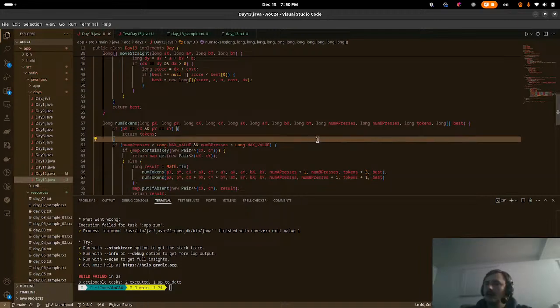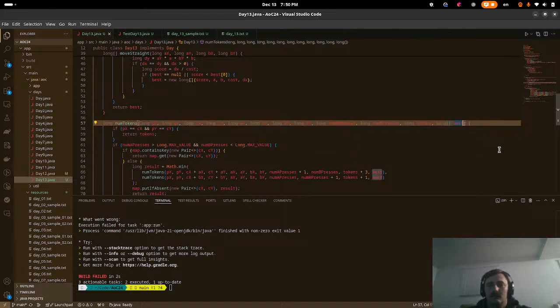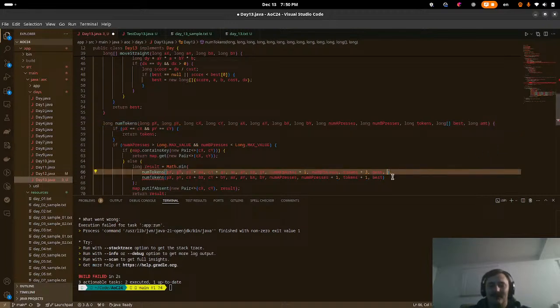And then in here, we're going to have an amount. Should keep adding args. Oh my gosh.